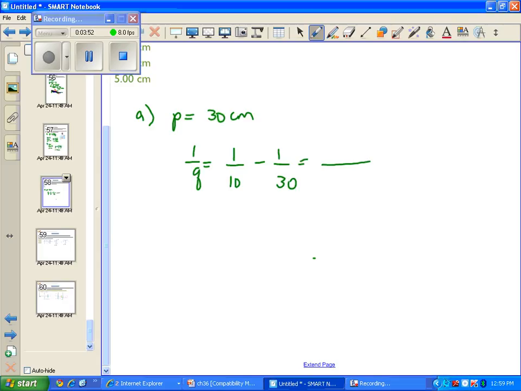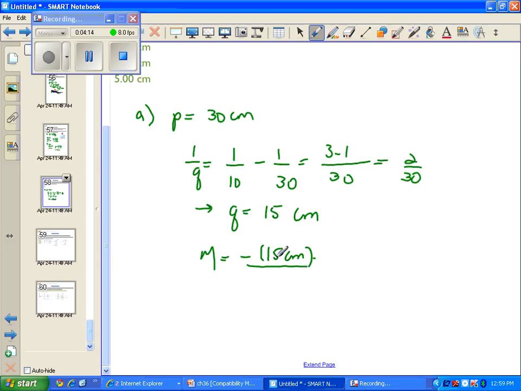Common denominator here, 30, gives us 3 minus 1, or 2 over 30, so q is equal to 15 centimeters. m is minus q, or minus 15 centimeters, divided by p, which is 30, so the magnification is -1/2.